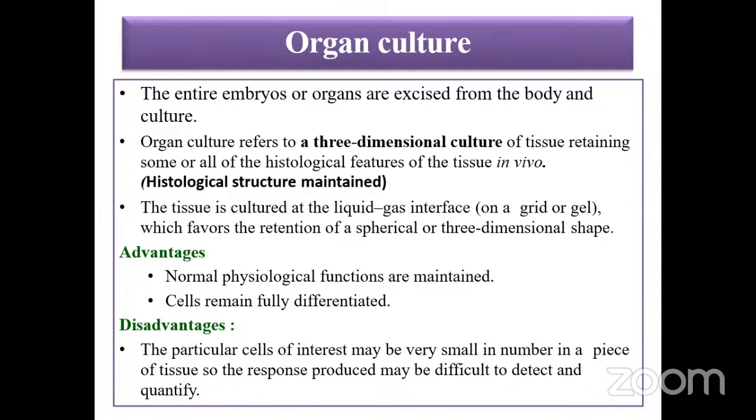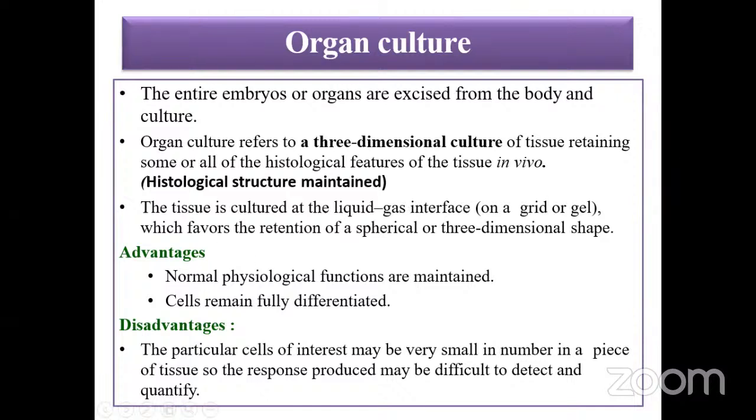But in our body, you can't see a single type of cell. It is usually combined with other types of cells which function together in a tissue or organ. Therefore, in organ culture, you can get very exact results. And the cells remain fully differentiated, because they are already differentiated in the organs.